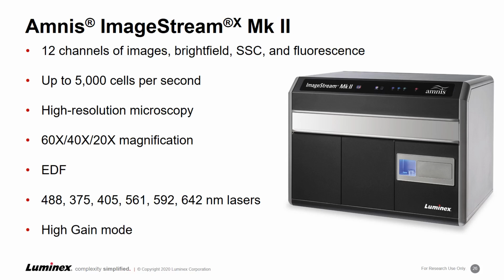There is also something called EDF, or extended depth of field, that's used in applications like counting FISH spots. You can have up to 6 lasers on the instrument, and we have recently introduced a new mode called high gain that was designed to measure small particles like extracellular vesicles and viruses. And on the right here, we have an image of what the ImageStream X Mark II looks like.